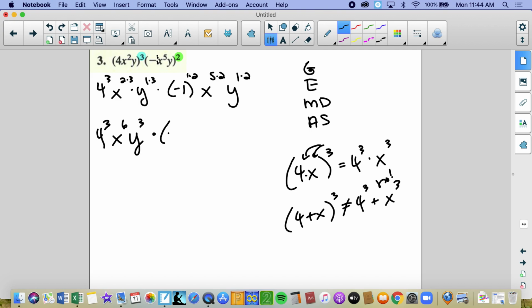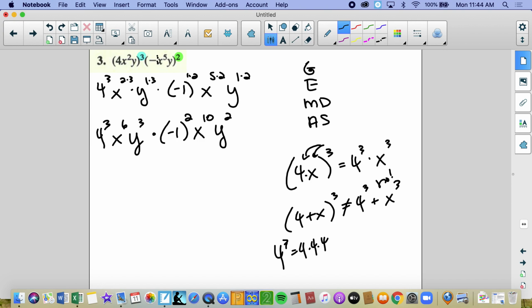We have negative 1 to the second. Remember, we're multiplying. We have x to the 5 times 2 is 10. y to the 1 times 2 is 2. So 4 to the third, we know, is equal to 4 times 4 times 4, which is 16 times 4, which might be 64 maybe. Let's check it out.